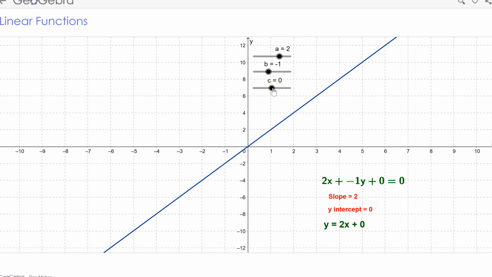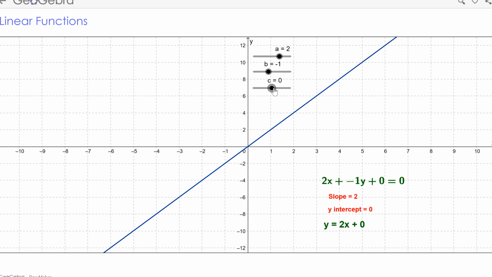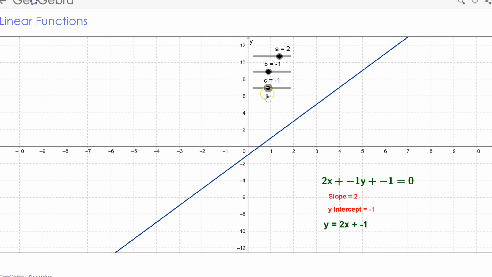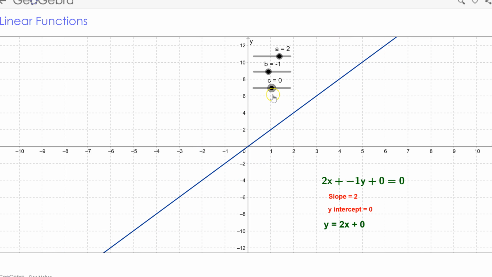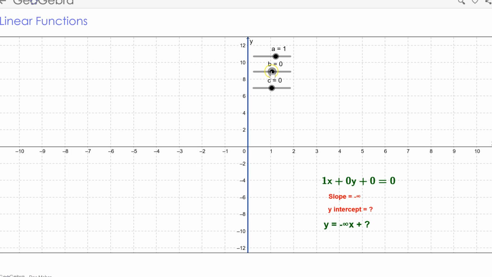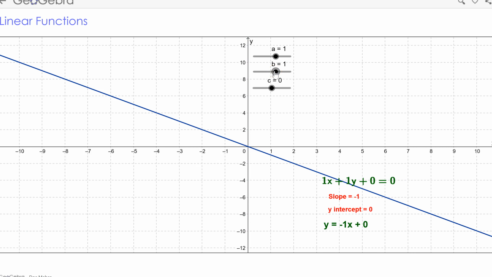So if I increase the value of c, what does that do? Well, as we expect, we take the line up or down, but we don't change the value of the slope. The slope only depends on the relative values of a and b. So if I made them equal to each other, a equals 1 and b equals 1, I get a line with a slope of minus 1.